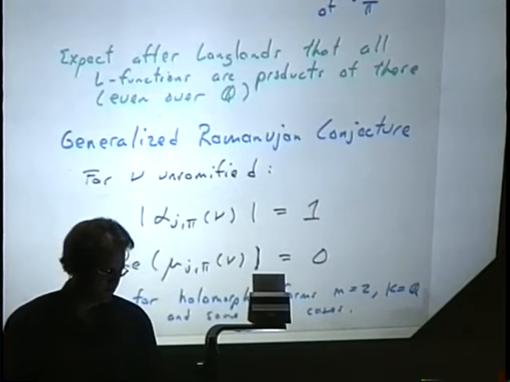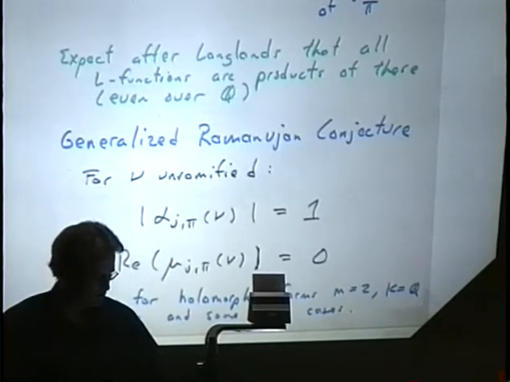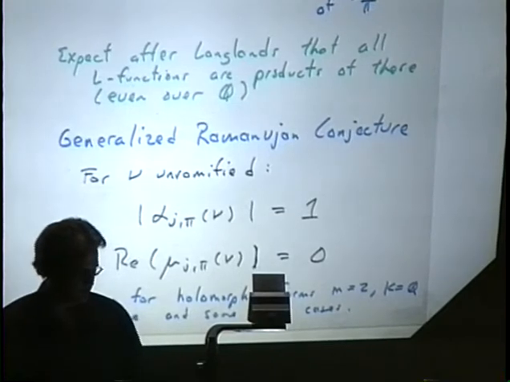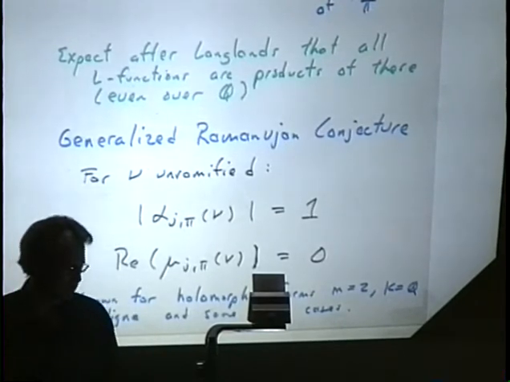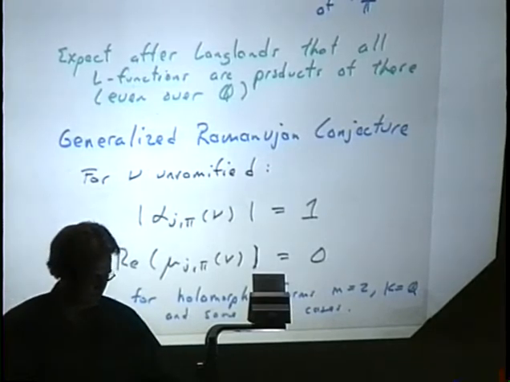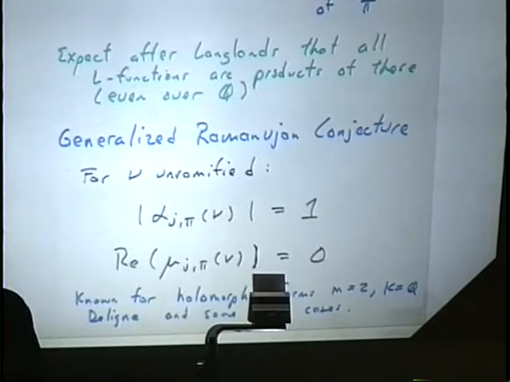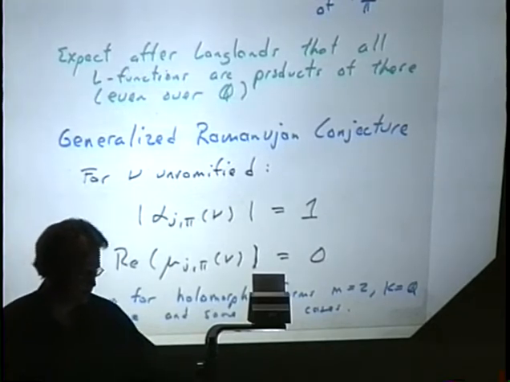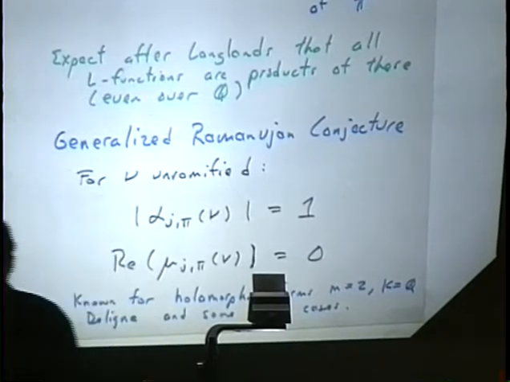So this reduces to the Ramanujan conjecture in classical cases. And it's only known, as far as I know, for holomorphic forms when m is 2. Well, when m is 1, it's known. But when m is 2 and K is Q, it's due to Deligne, and as in Taylor's lecture, there are some other cases which are known now.